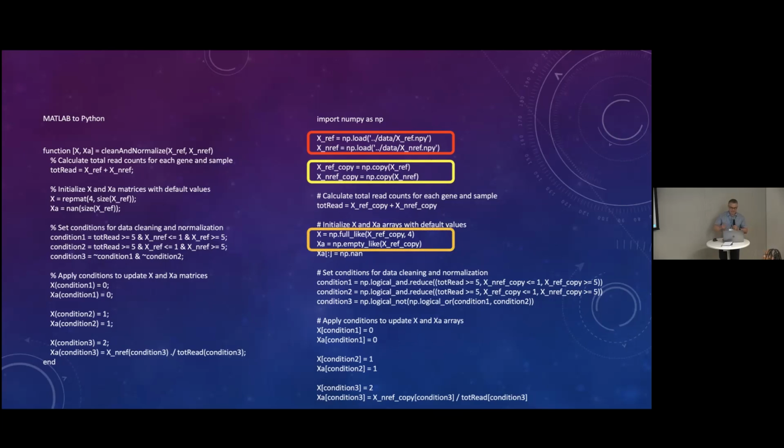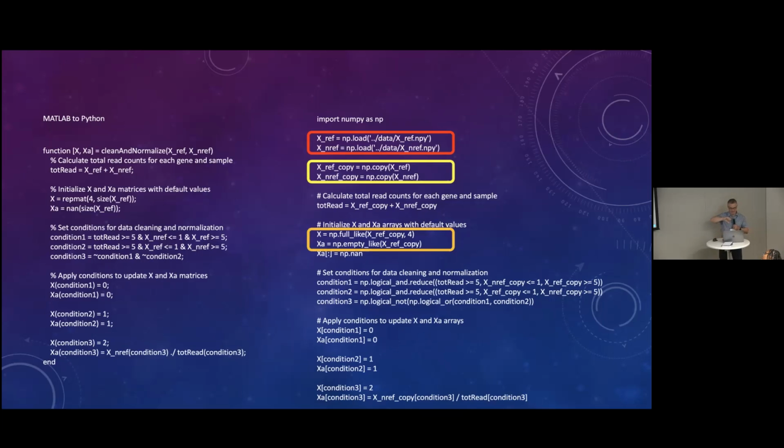Then we have one more, and this is also a subtlety. Again, you got to bring your coding knowledge here. Xref copy is an integer array. It has only integer values in it. So when it gets loaded, NumPy creates an array that only holds integers. So the very next line below these two, setting them to NaN, doesn't work.